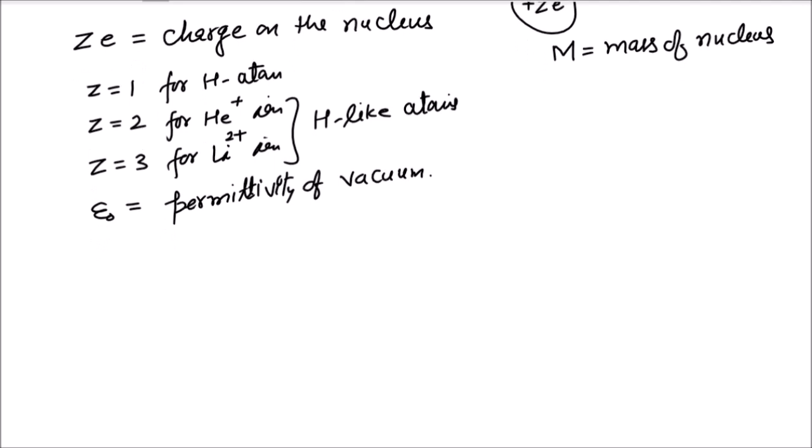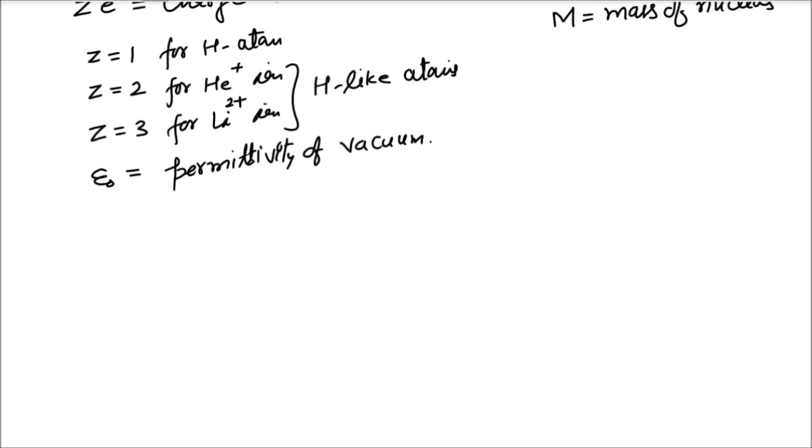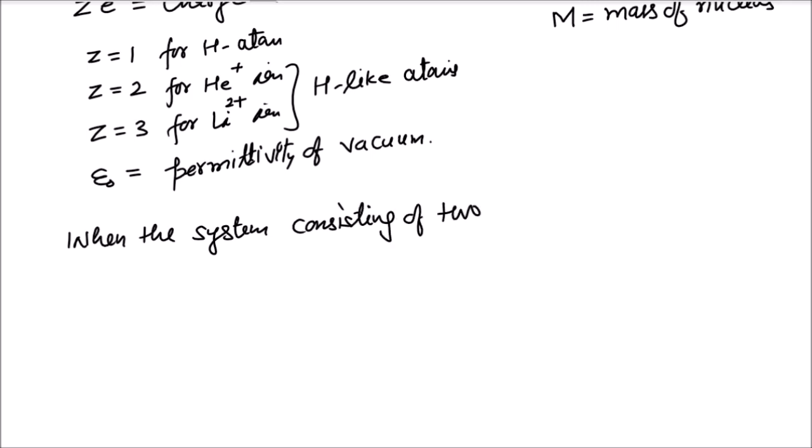Now, when system consisting of two masses, there are two masses, so we can define the reduced mass. Do you know what is reduced mass?